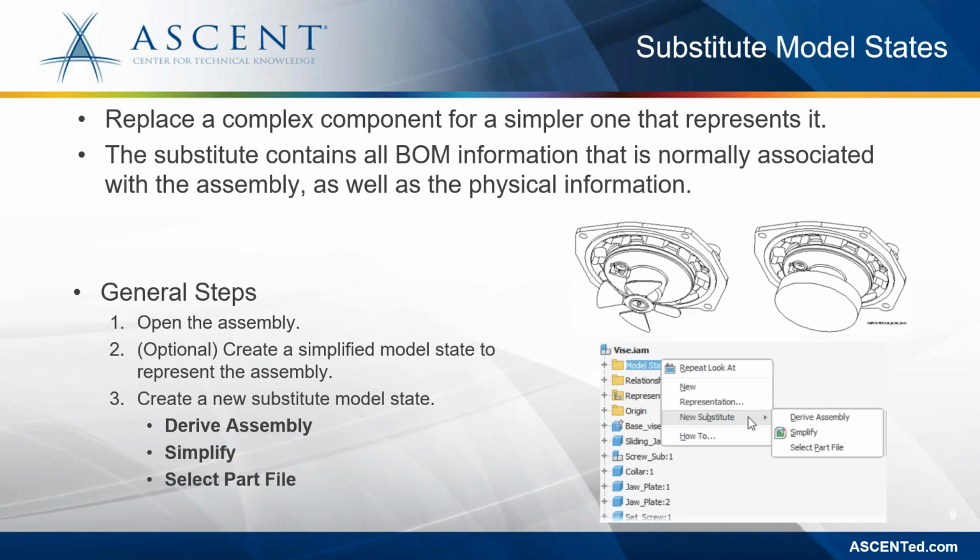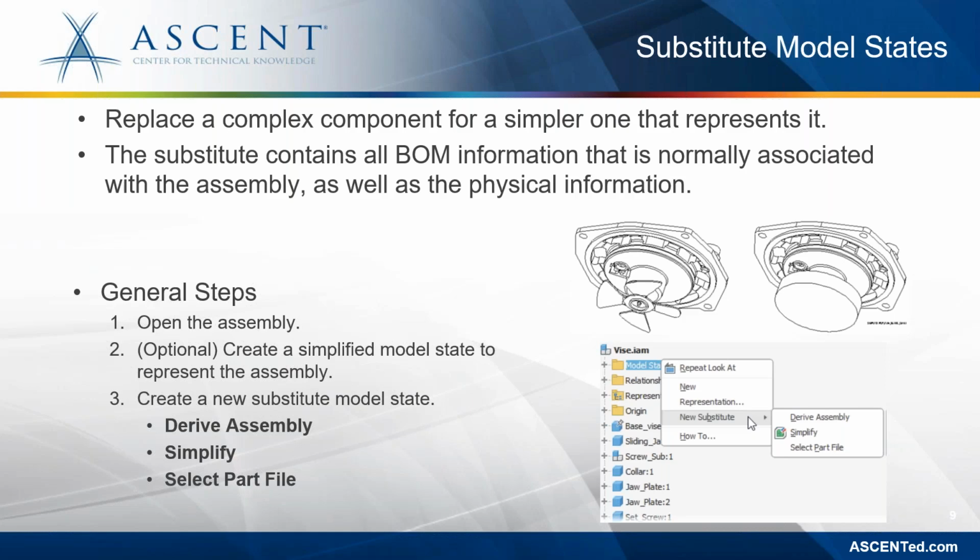So in terms of substituting model states, it enables you to replace a complex component with a simpler one. So this is a pretty simple model here. Again, it's fan blades. The blades are replaced with just a standard single part. So it's a little lighter. It's not giving away any IP, but it's telling you the space claim for those fan blades.